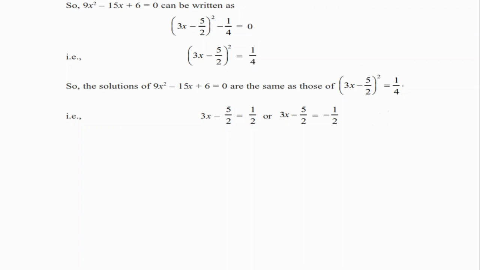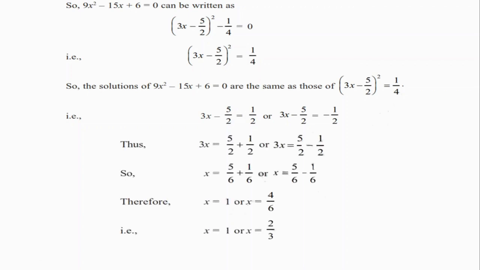If we take the square root, we get two values. Either 3x minus 5 by 2 is equal to 1 by 2 or 3x minus 5 by 2 is equal to minus 1 by 2. By adding 5 by 2, we get the two values of x.